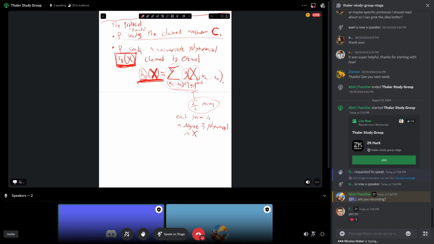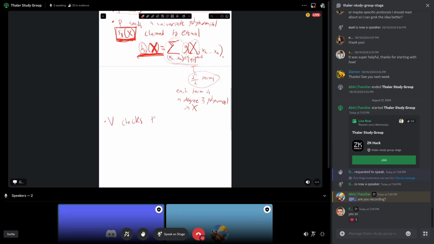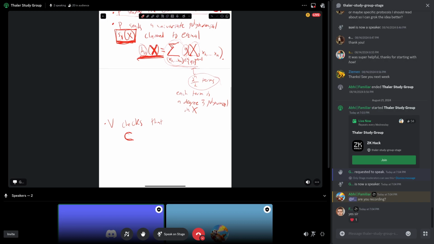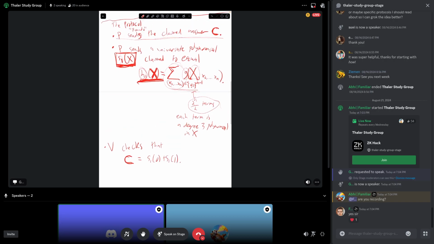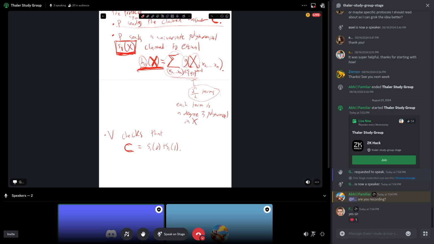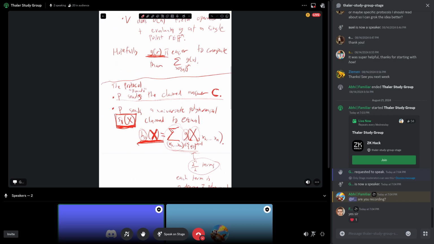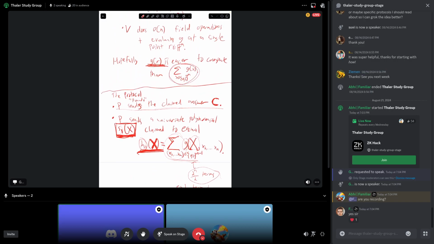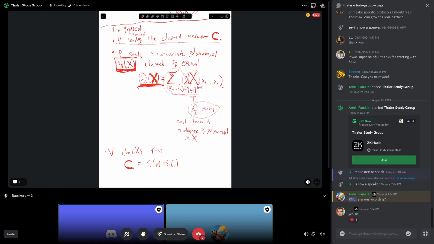Okay, and so if the prover is honest, right, so if the claimed answer is equal to the real answer and S1 of x equals H1 of x, then the claimed answer will equal S1 of 0 plus S1 of 1, right? So what's going on here is H1 takes the original sum that the verifier is interested in, and it cuts out the first variable from that sum.